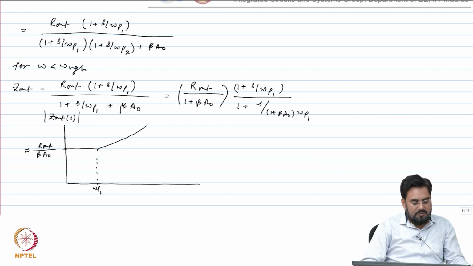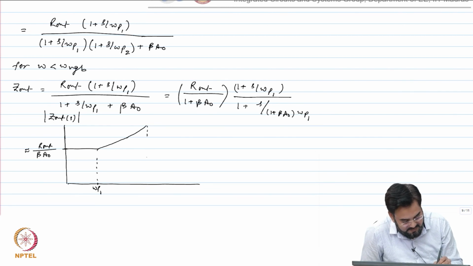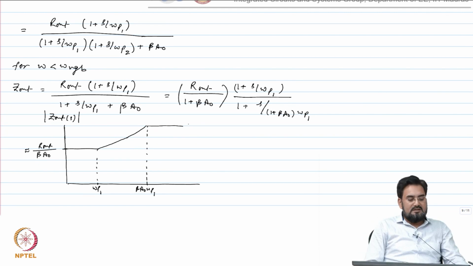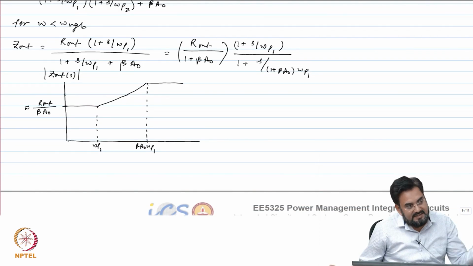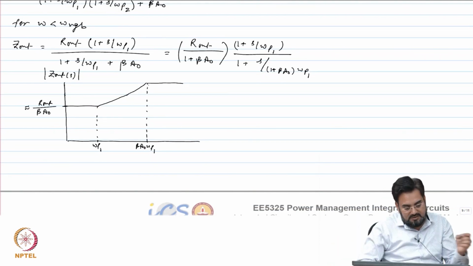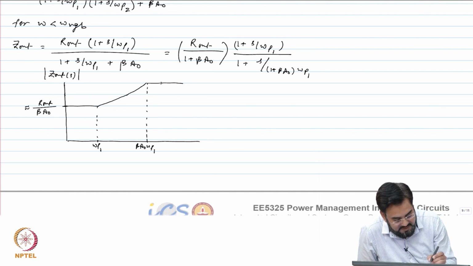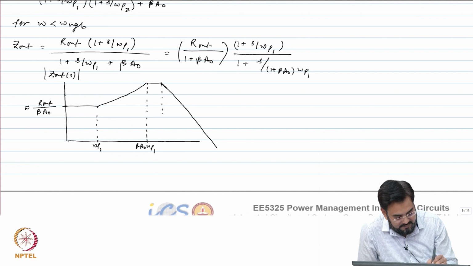So where is that pole? The pole is at UGB, okay. So this is beta A naught omega P1, and it flattens out, correct. Now we have to consider the second pole, okay. So let us say your second pole hits here after UGB, then it will start going down. Let me change the color.